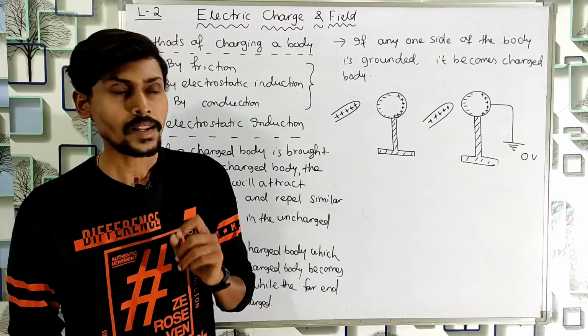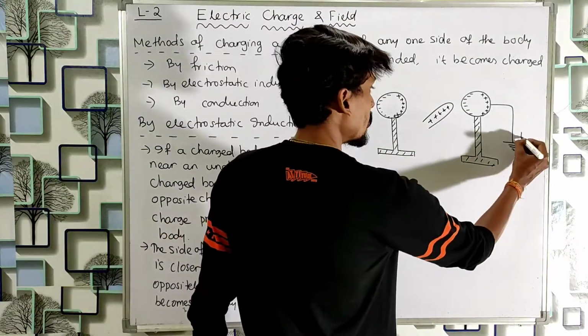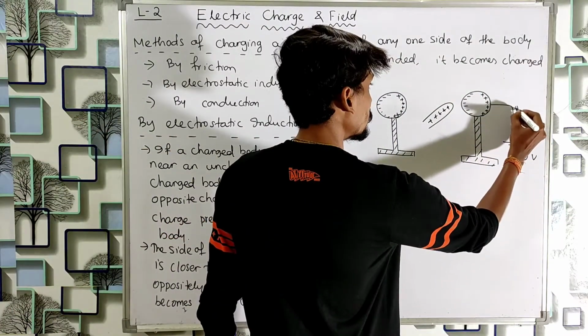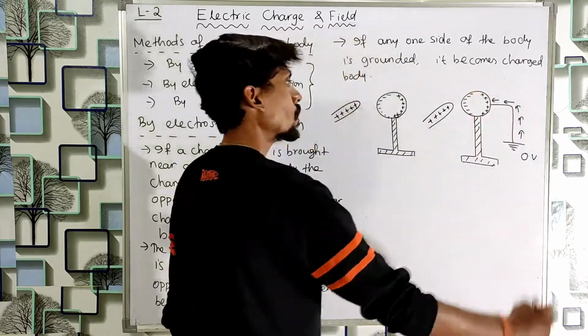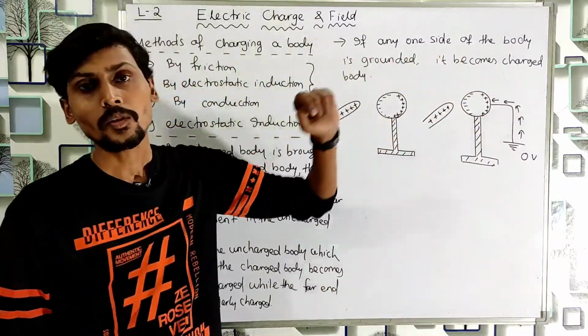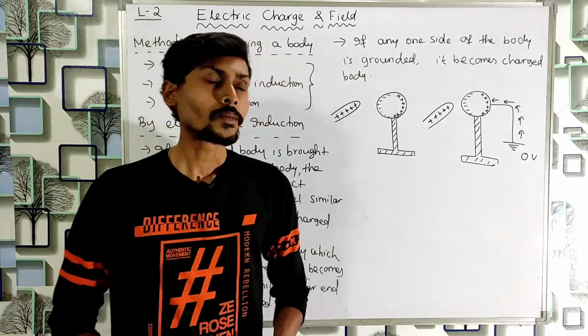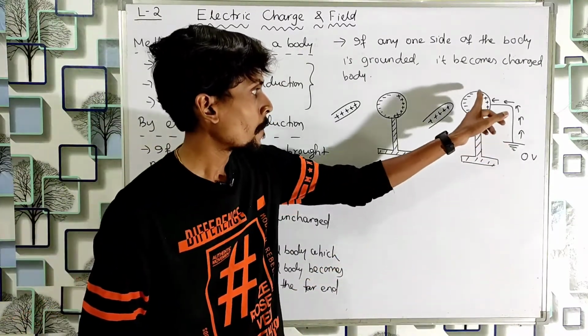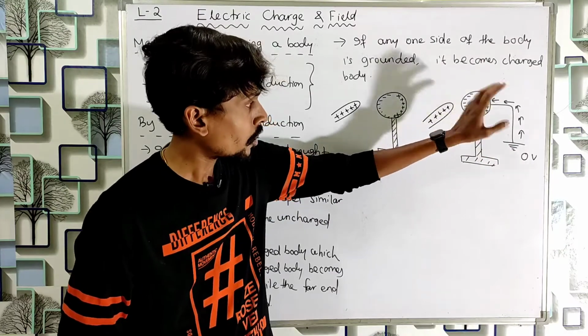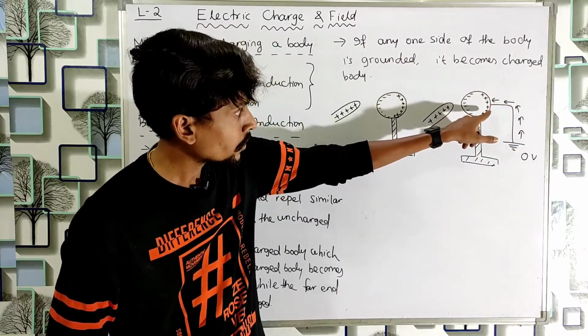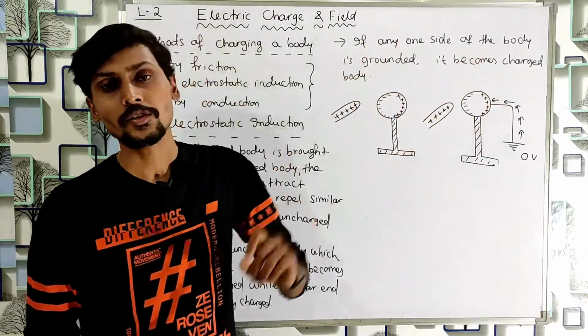Is that clear? Electrons will flow from ground to this end of the body, and the flow of electrons will continue until all the positive charges are neutralized.